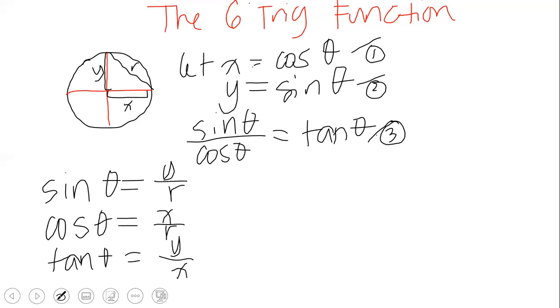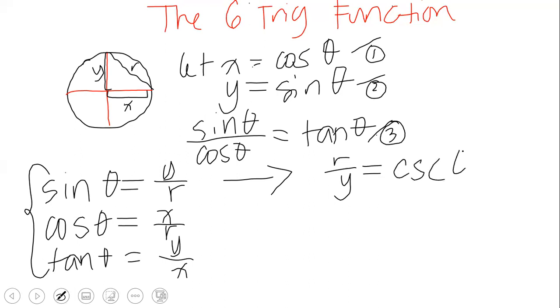So this time, gagamitin natin itong three basic trigonometric functions as part of the properties. So for every sine theta, you also have the reciprocal naman. So you also have the other identity, which is in terms of r over y, kung baliktad, and that will be in terms of cosecant theta.